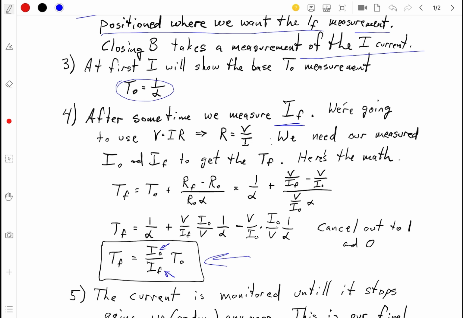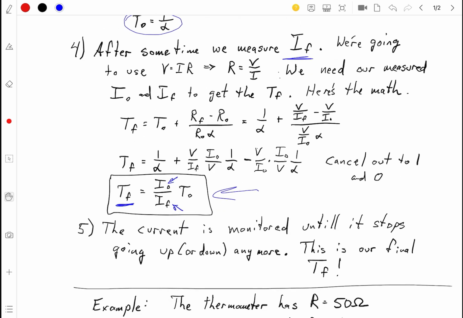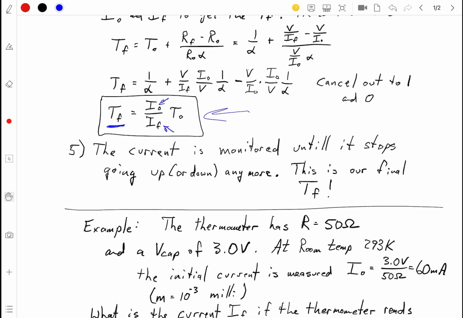We know what T naught is, and then that gives us our final temperature. It's a pretty neat little system. We just measure the current until it stops going up or down. Once it stops, that's our T final.